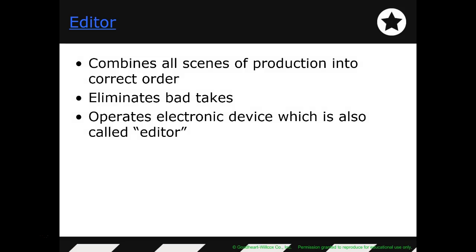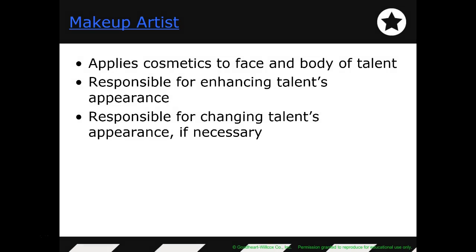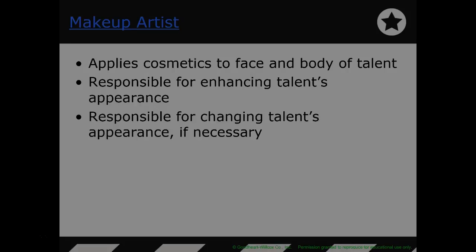An editor takes video footage and pieces the story together, so the reporter and producers write it up, and then the editor will take all the video and piece it into the 2-minute 35-second story that it's supposed to be. Makeup artists, not a big thing in production or in news anymore, but we see this in movies. Again, the person who is putting the makeup on everybody.